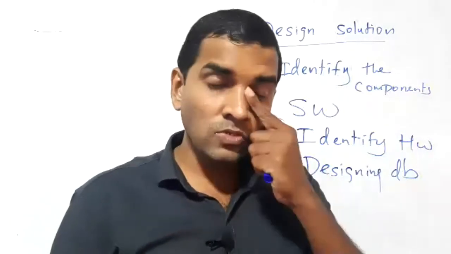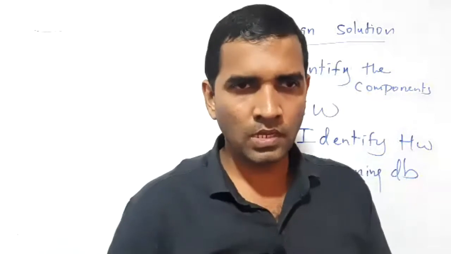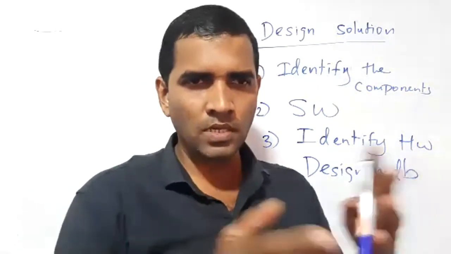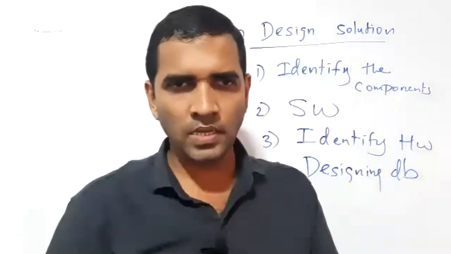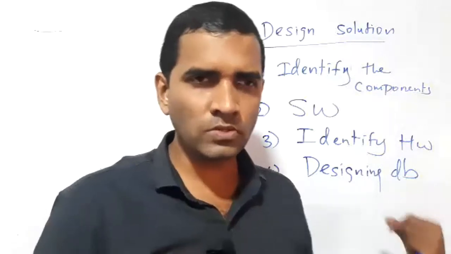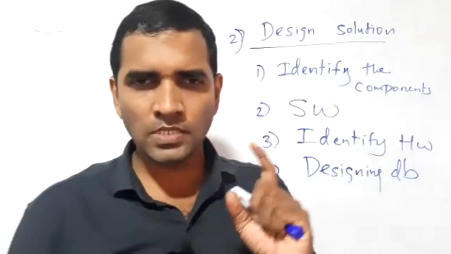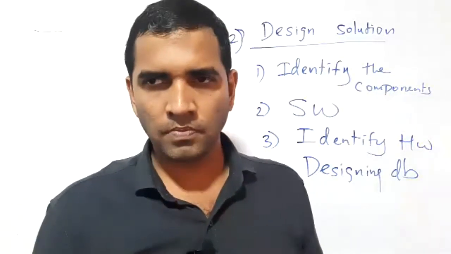Once you decide a table, then you have to check what fields are available. If it is student, what about fields? Admission number, name, date of birth. If it is payment, what are the fields to be added? So this is also database design. After deciding these tables with fields, you have to check the relationship.